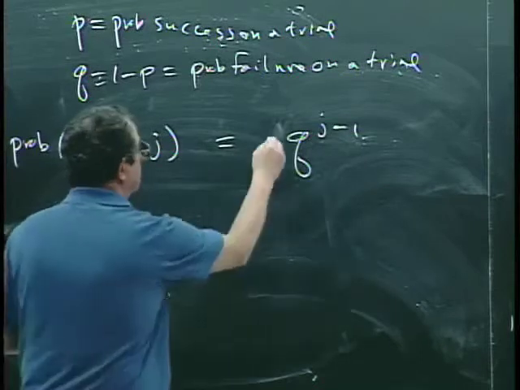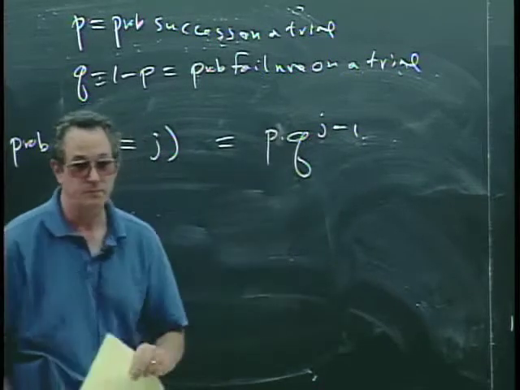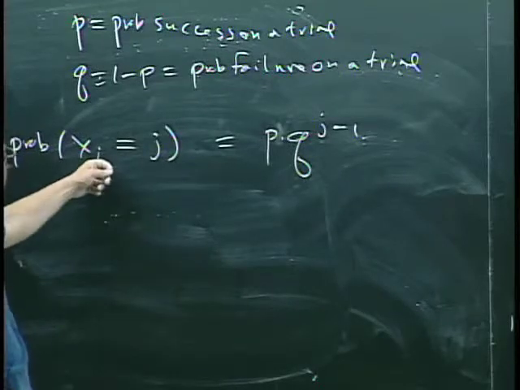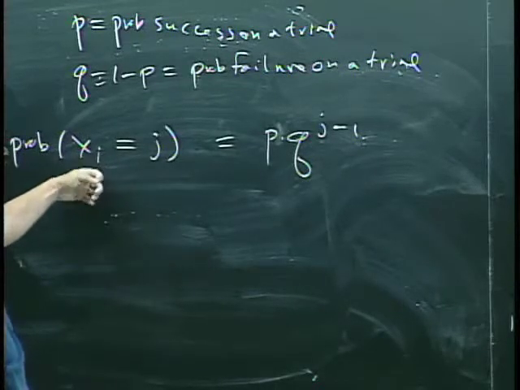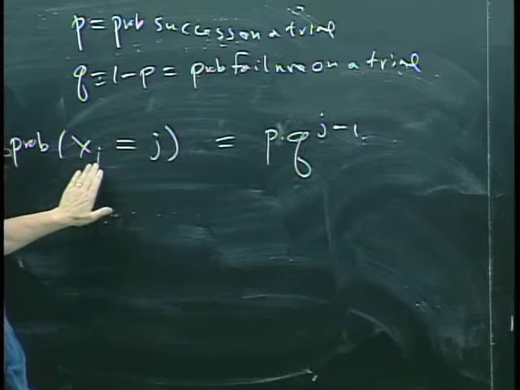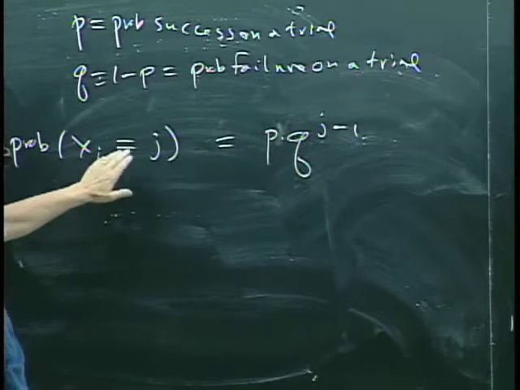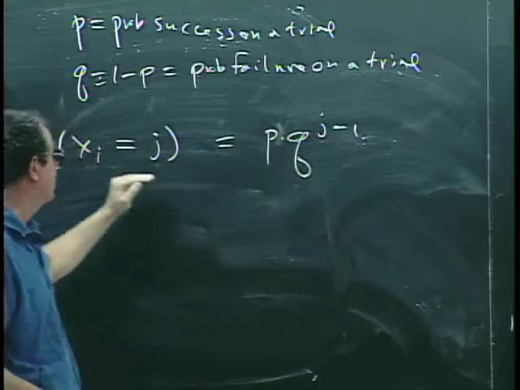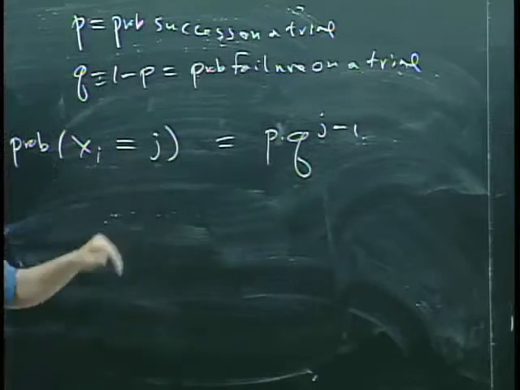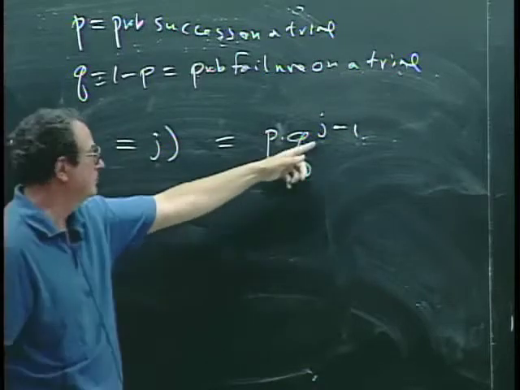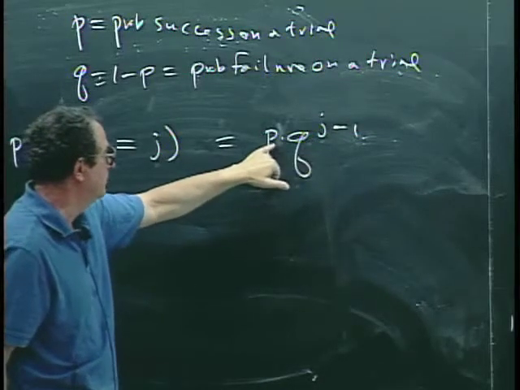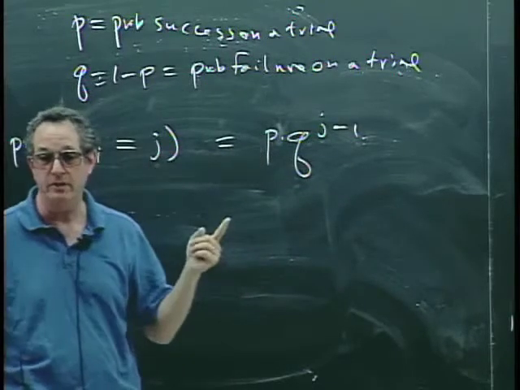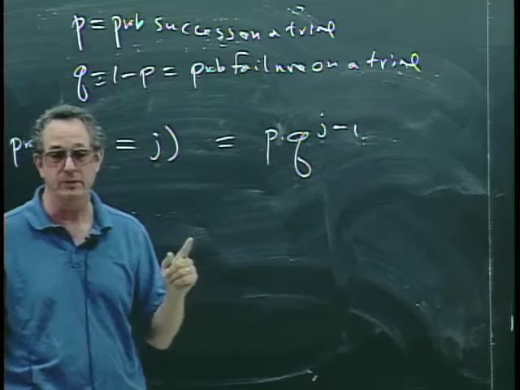Okay, so let me ask the same question. This is now the probability of xi equals j. If it's that, what's our interpretation of this? Is this the probability of j trials before failure or j trials until failure?